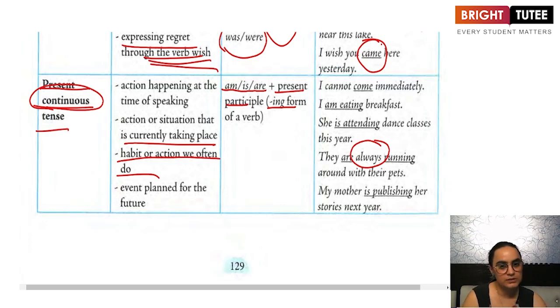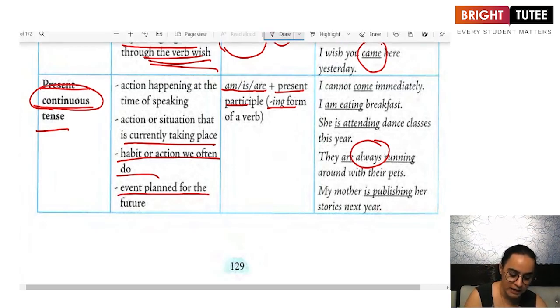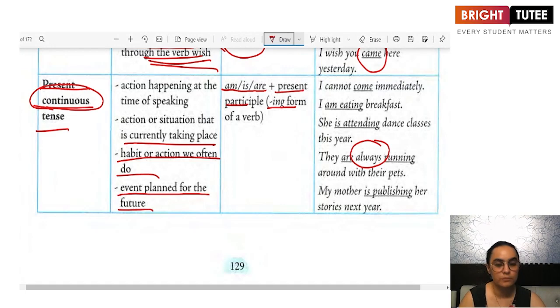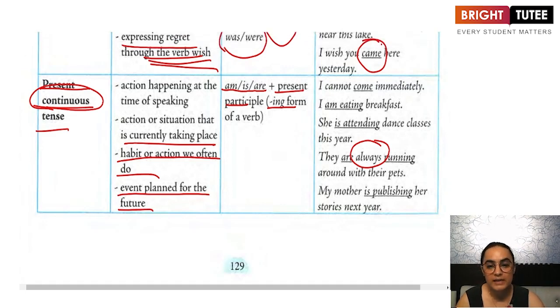The next usage of the present continuous tense is to talk about an event which is planned for the future. So an event that you have planned will take place in the future. Okay. I am preparing for, let's say, NET exams.